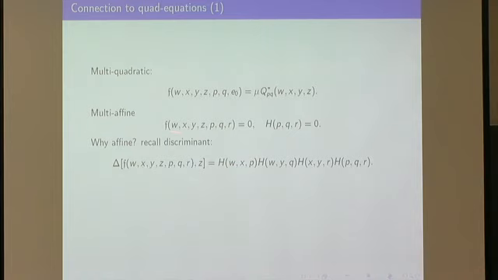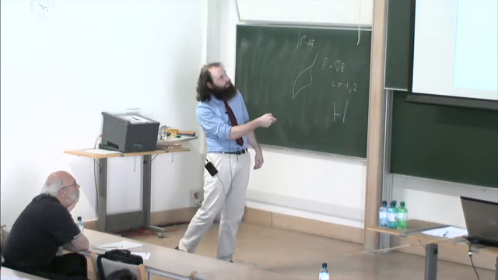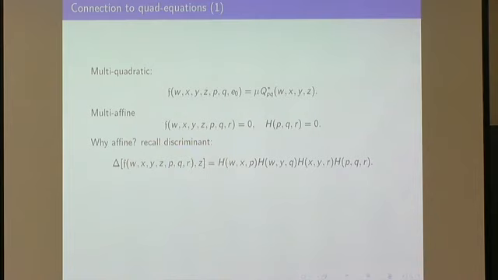Because the way that we constructed it, H appeared in the discriminant with respect to Z. And due to the symmetry we imposed, the discriminant is 0 with respect to all of W, X, Y, and Z. So actually, this F in this case, when you make this assumption, becomes the square of a multi-affine polynomial in W, X, Y, and Z. So we can solve this equation, H of P, Q, R equal to 0, without loss of generality.